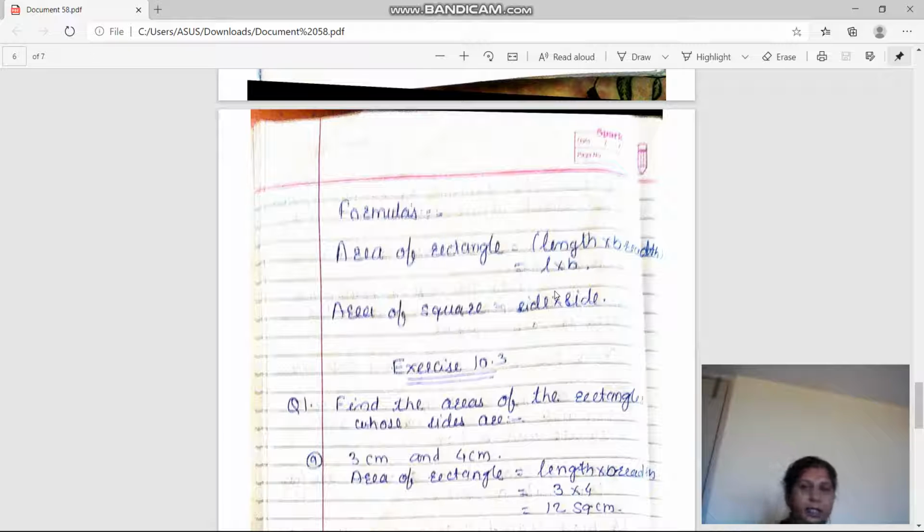Area of rectangle is equal to length into breadth, and perimeter of rectangle is equal to 2 into length plus breadth. Then perimeter of square is equal to 4 into side, and area of square is equal to side into side. So please don't get confused in the two formulas, right? So let's start exercise 10.3.